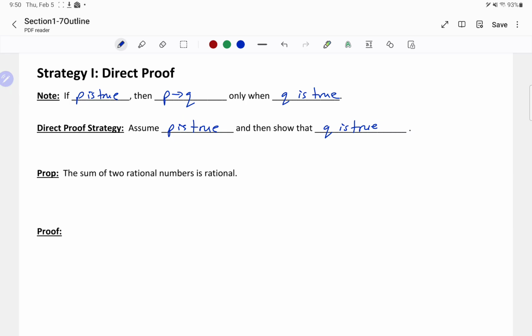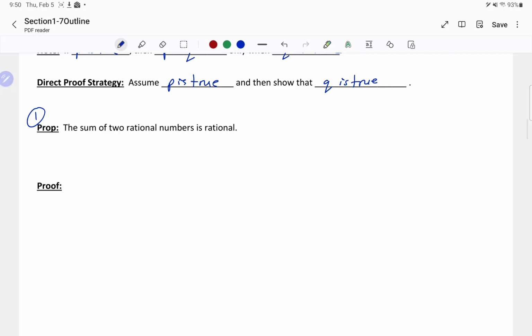Okay. So this is going to be our first proposition. I meant to go back and number these. So let's call this proposition 1, like it's on a ballot for us to vote on. Now we have this statement: the sum of 2 rational numbers is rational.